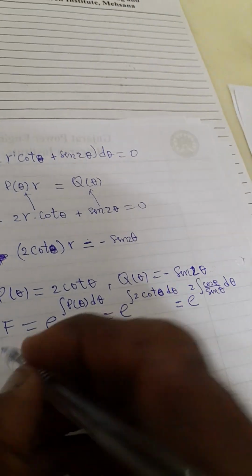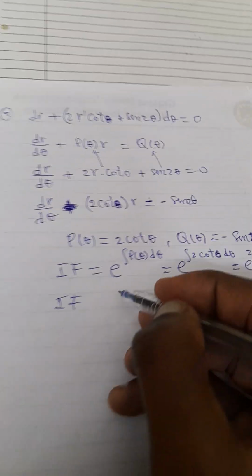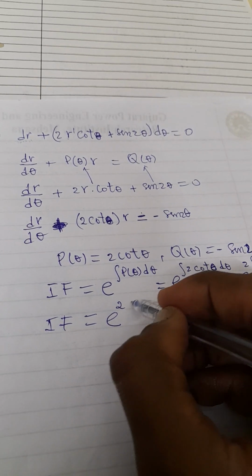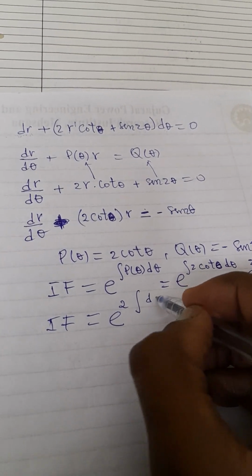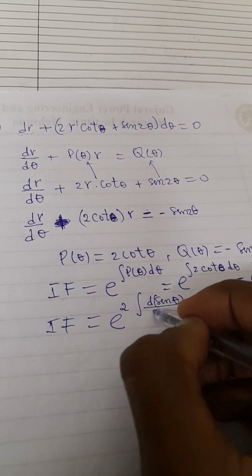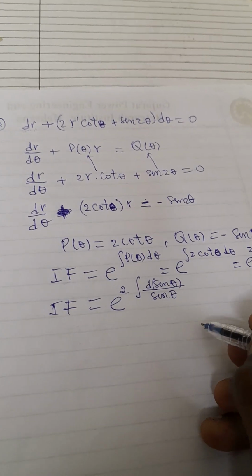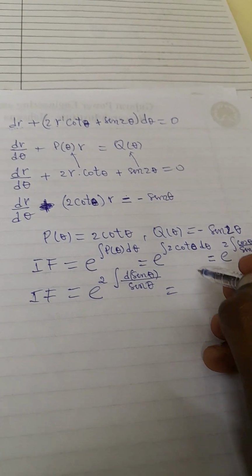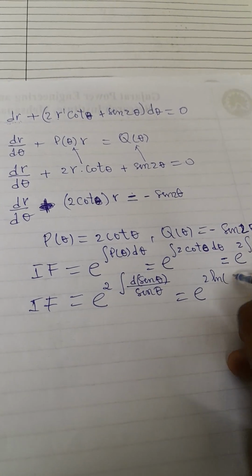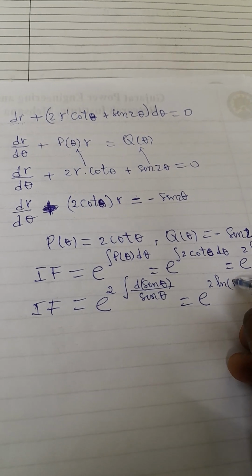It means that I can write the integrating factor as e raised to 2 times the integration of d sine theta all upon sine theta. So this is equal to e raised to 2 ln of sine theta.